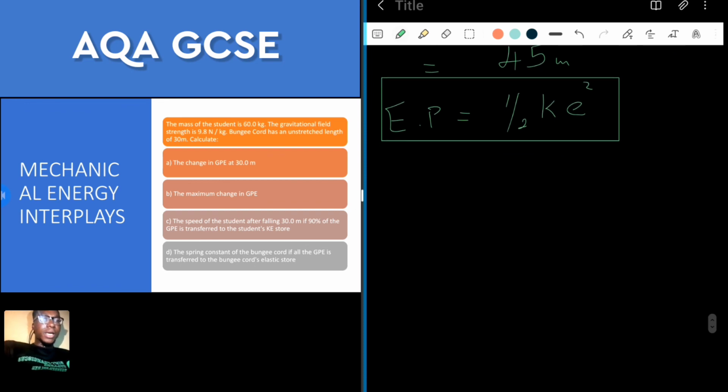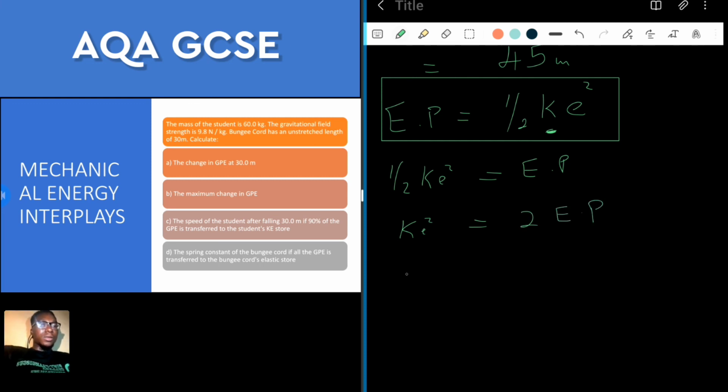So all we have to do here is to make the spring constant the subject. So let's just flip this. ke squared equals elastic potential. Same thing. ke squared equals 2 times elastic potential. k equals 2 times elastic potential divided by e squared.